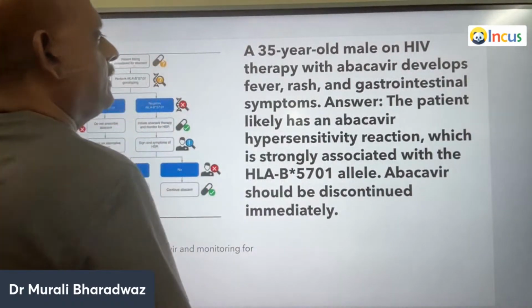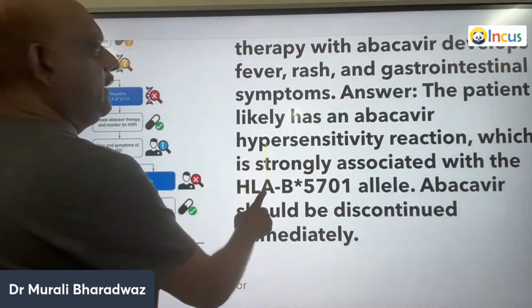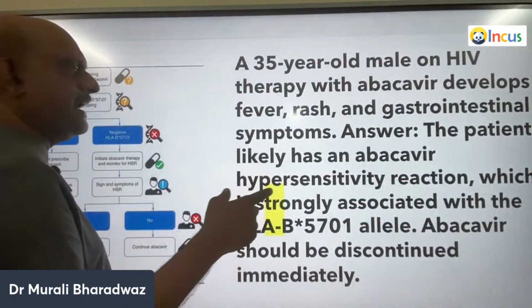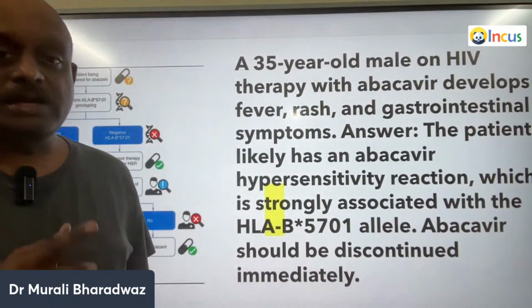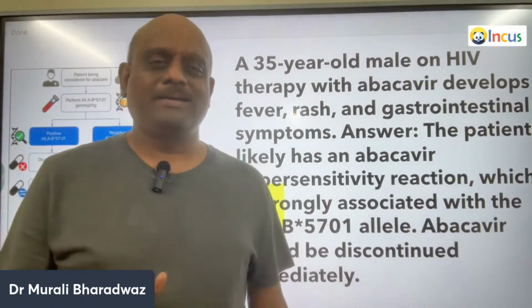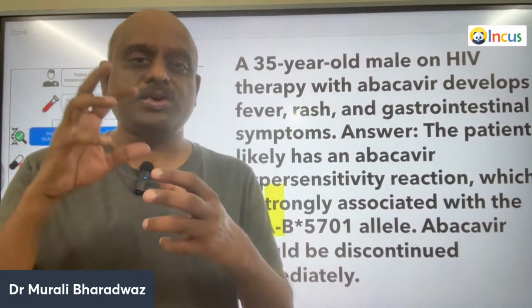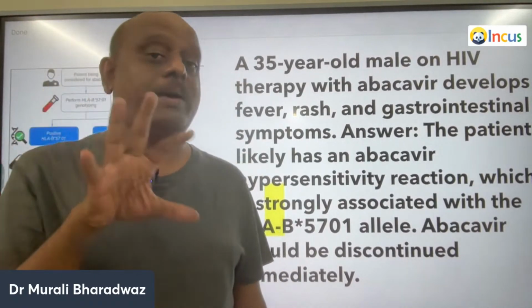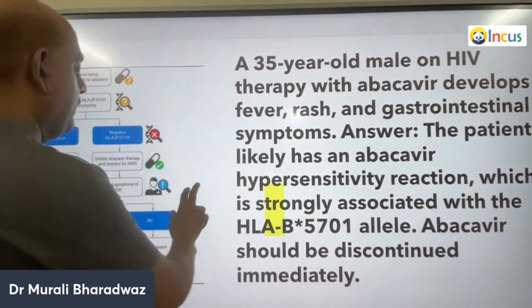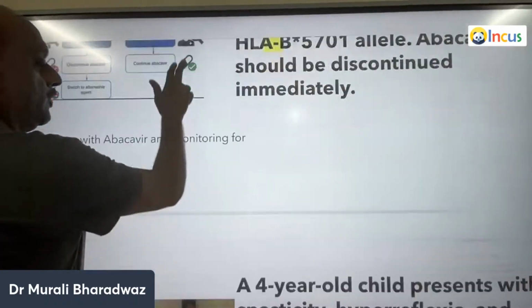Right, doctor? Now, a 30-year-old male on HIV therapy with abacavir develops fever, rash, GIT symptoms. Just before we discuss, HLA-B 5701 is the one which is strongly associated with abacavir hypersensitivity in the retroviral patients, is what you need to remember.